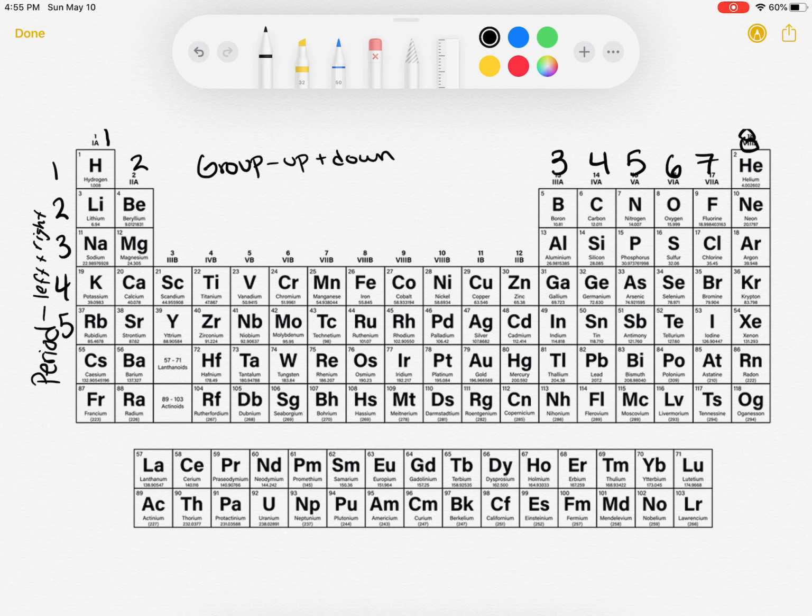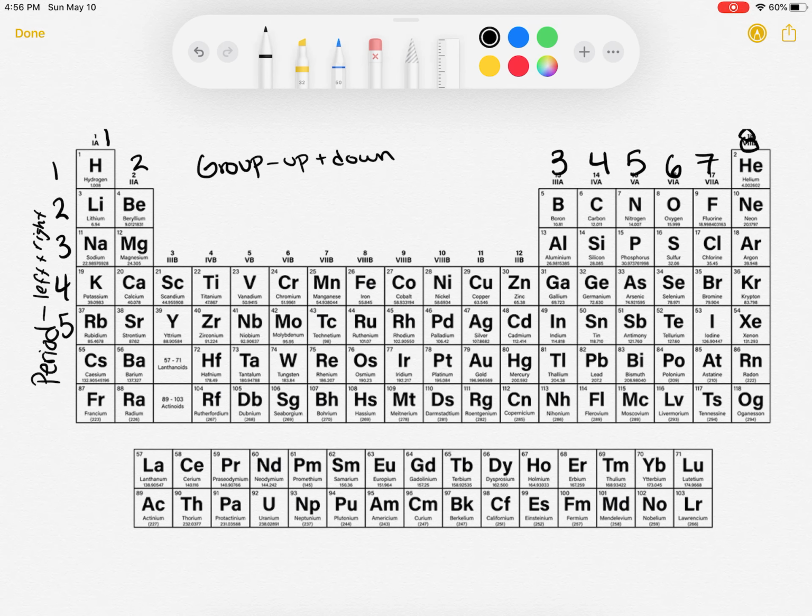That makes sense because let's count the elements. 1, 2, 3, 4, 5, 6, 7, and 8. That's why in period 2 we see 8 valence electrons. That is how the periodic table gets its shape, with those 2 at the top and then the rest of the rows being 8.